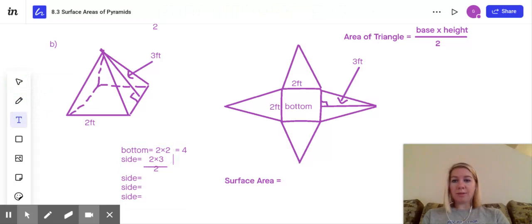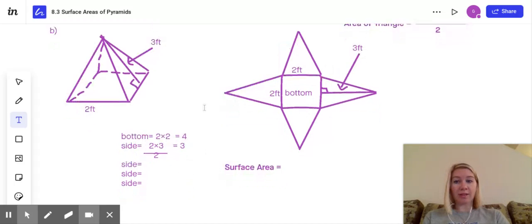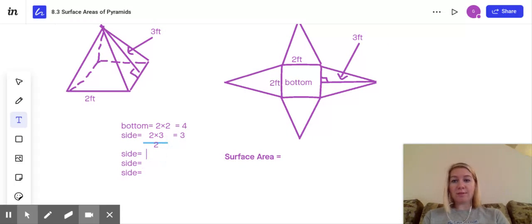Okay, I know 2 times 3 is 6. 6 divided by 2 is 3. Okay, and all 4 of these sides, all 4 of these triangles are exactly the same measurement. So I'm going to copy down these formulas for each one. 2 times 3 divided by 2, which will always give me 3.